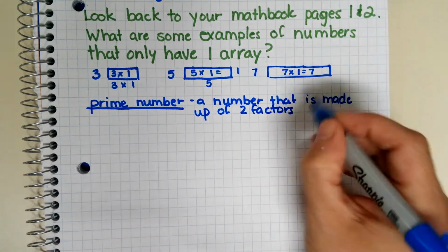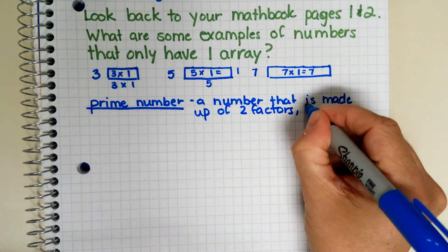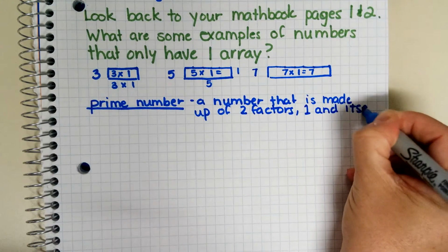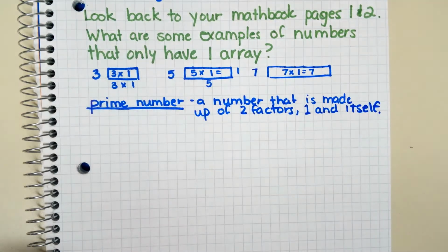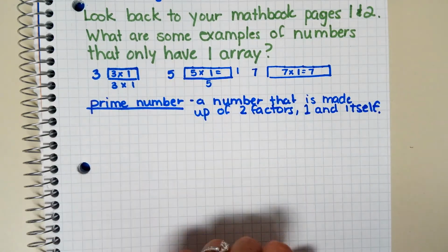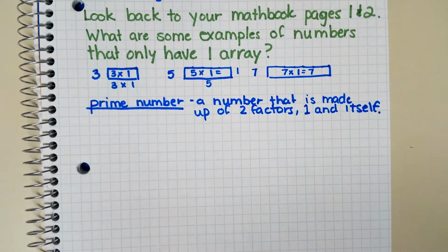And those 2 factors are 1 and itself. And what we mean by itself would be 7 or 5 or 3. We can only get 7 by going 7 times 1 equals 7. All right, so those are our prime numbers.